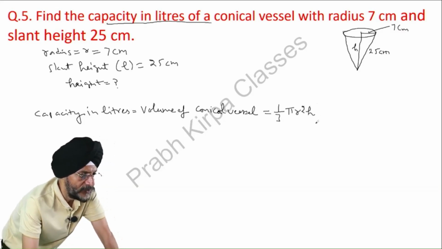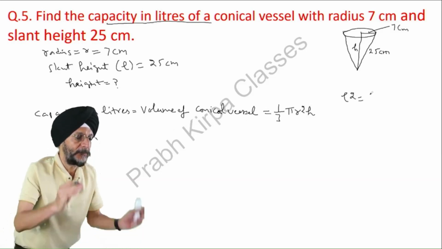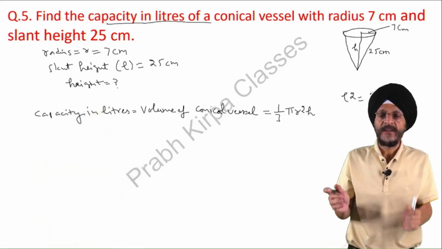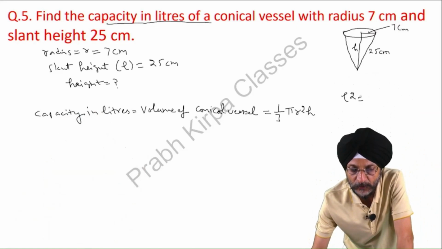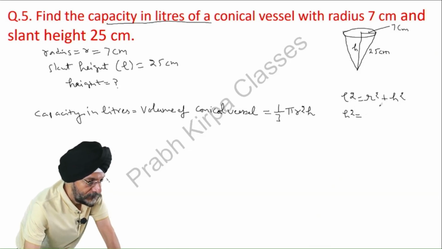So we will have to first find out the value of h so that we can arrive at the volume of the conical vessel. We know that as per the Pythagorean theorem, slant height, height and radius are related with each other. So the formula is L square is equal to r square plus h square. So h square is equal to L square minus r square.